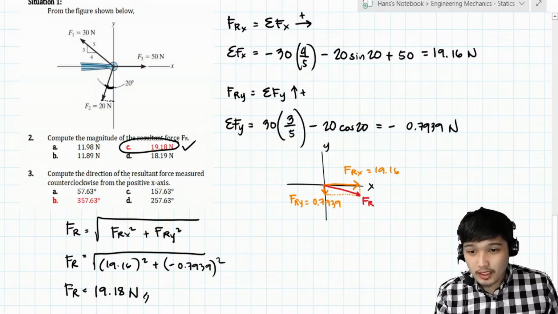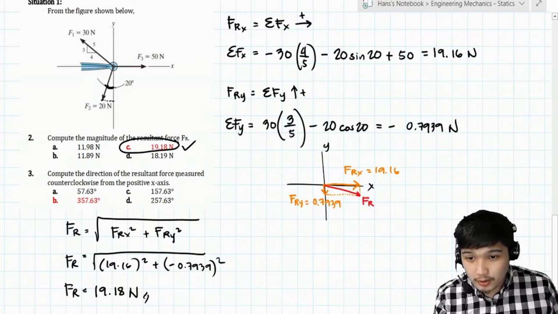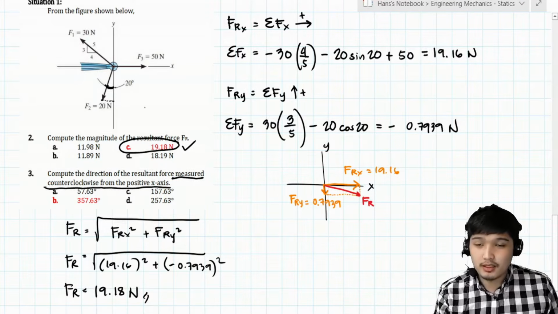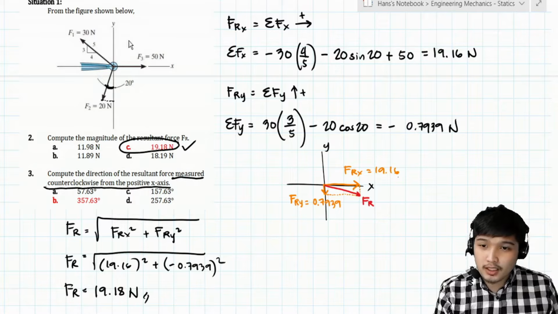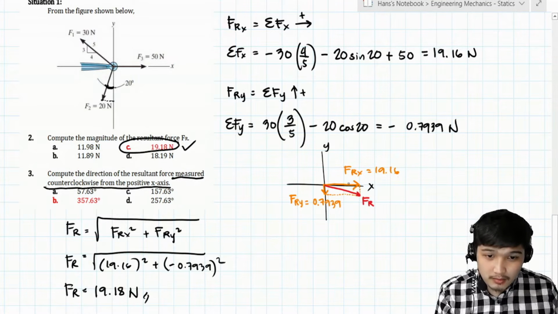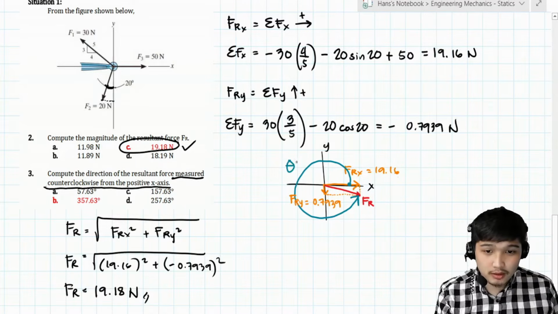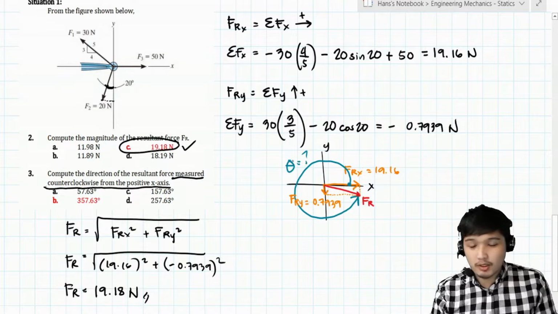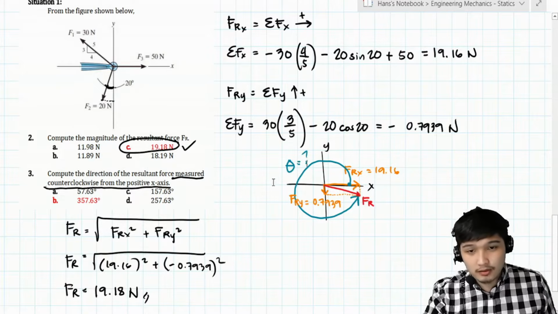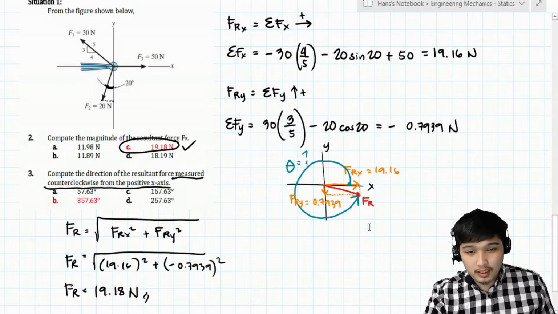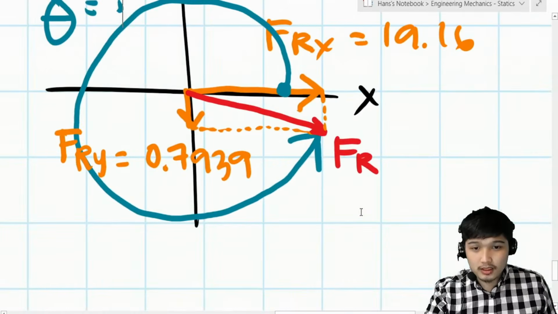Compute the direction of the resultant force measured counterclockwise from the positive x-axis. So ang tinatanong na angle is from the positive x-axis papaganito, counterclockwise, papunta dun sa resultant. So, ito yung hinahanap, no? Pero class, kung gagamitin natin yung formula na tangent of theta, ang makukuha mo dun is, ito lang, no?